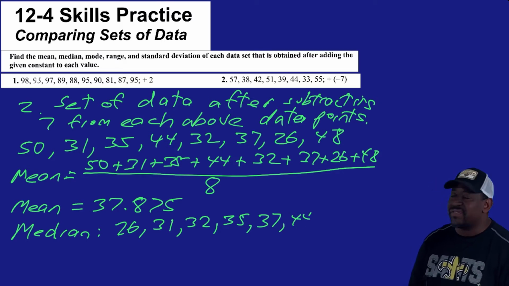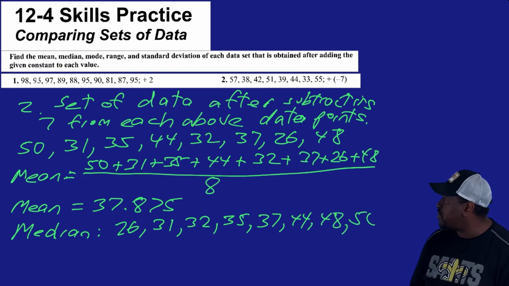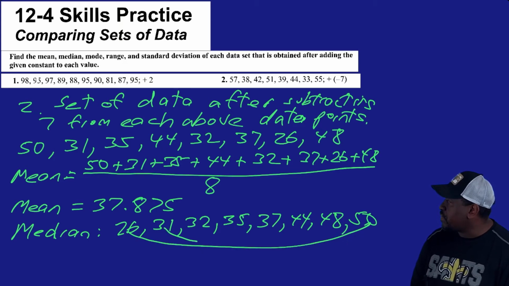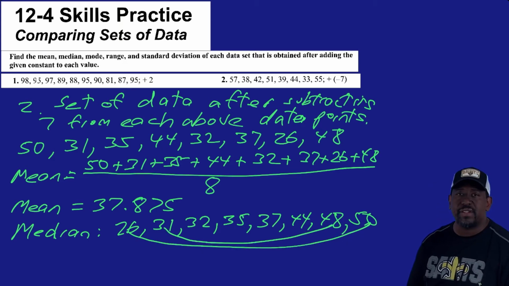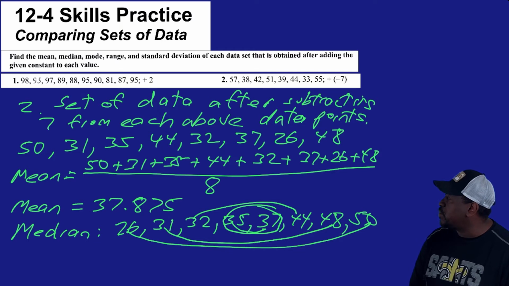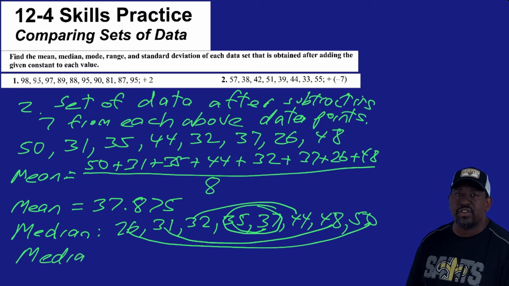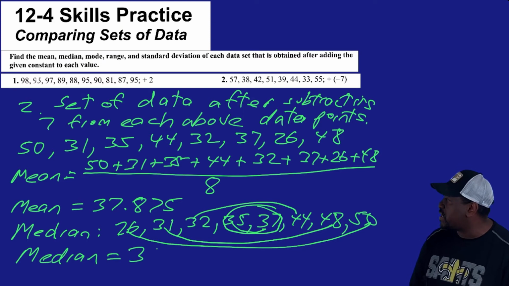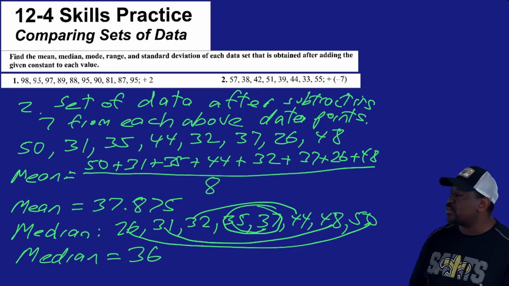Since we have an even number of points, we'll have 2 median values and we'll find the average. We just cancel off the ends and the ends, and we keep working our way in until we get to the median. So the median will be the average of the 2 terms, 35 and 37. That's equal to 36. And so the median in this problem is 36.